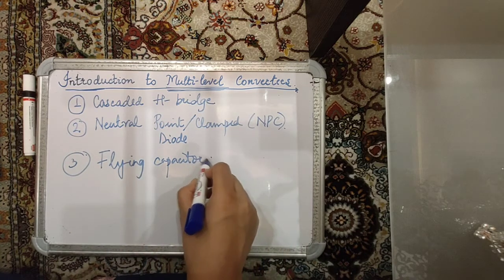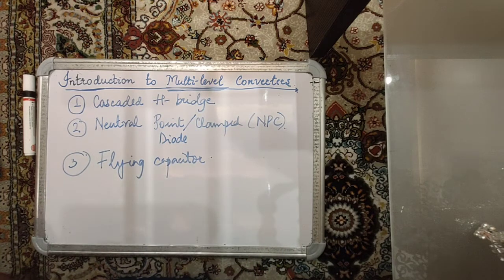Even then, the flying capacitor type of multi-level converter is not used very frequently because it is associated with a large number of capacitors, and that makes these circuits very bulky in nature. And the very essence of using power electronics, at least in the present times, is miniaturizing circuits, making them very small, and reducing component count in terms of capacitors and inductors, because it's okay to use a large number of devices, but not very okay to use a large number of capacitors or inductors because they occupy a lot of size and volume in the converter.